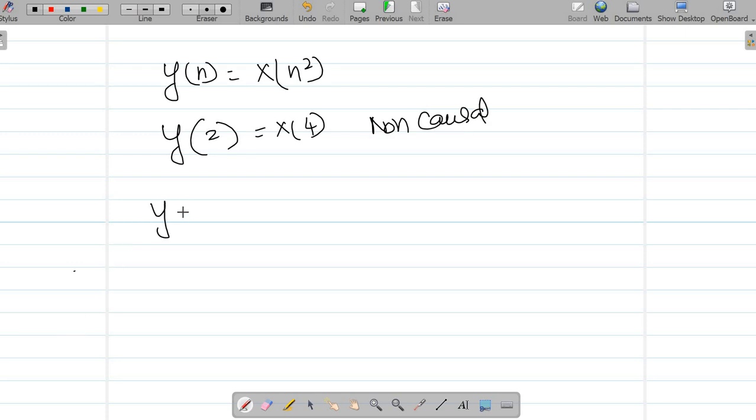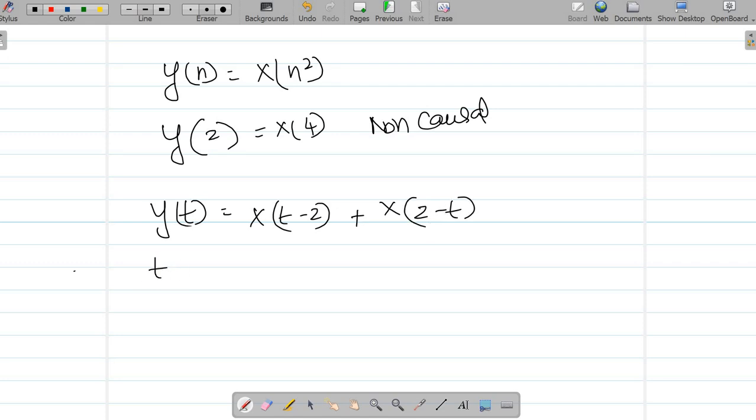What about this? Let us take the example y of t is equal to x of t minus 2 plus x of 2 minus t.